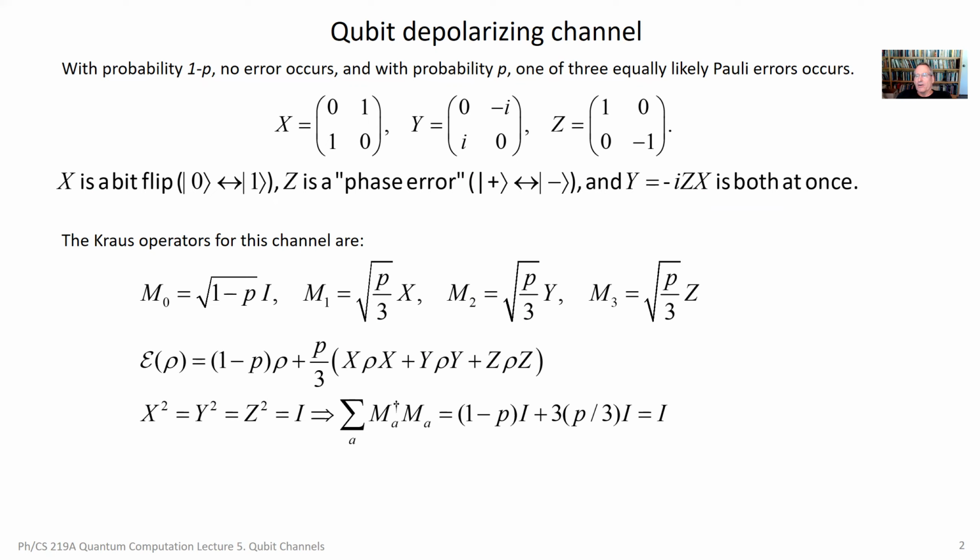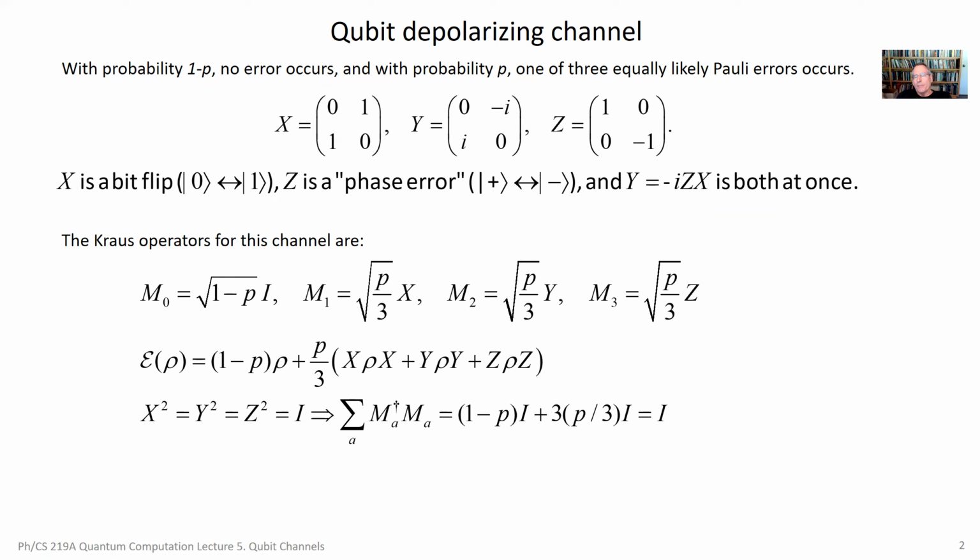It doesn't pick out any preferred direction in the Hilbert space, in a sense. And we can think about the depolarizing channel for a qubit in the following way. You remember our notation for Pauli operators, which sometimes I've called sigma 1, sigma 2, sigma 3. Here I've used the alternative notation, X, Y, and Z.